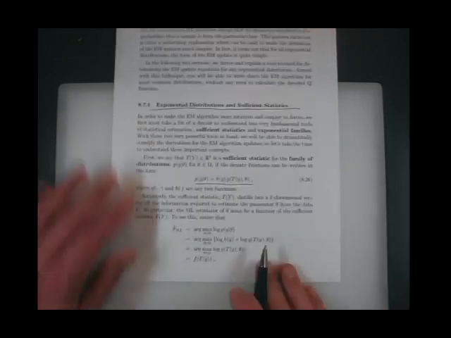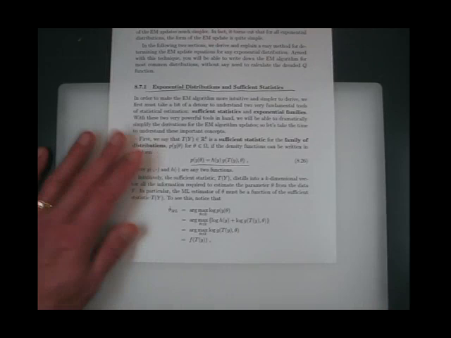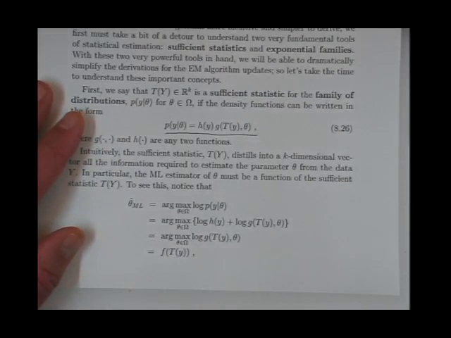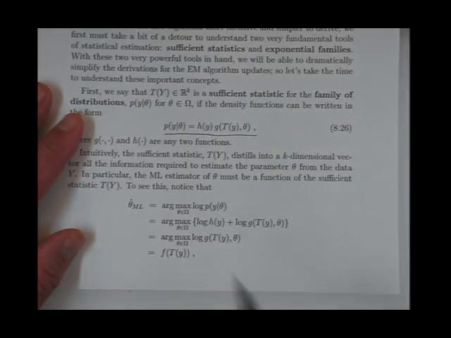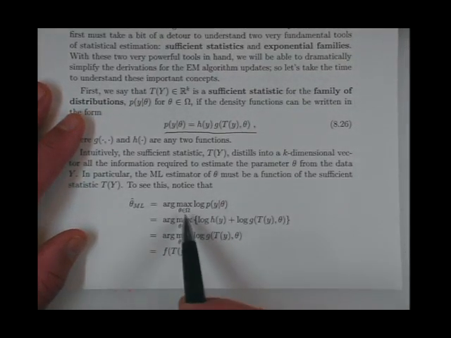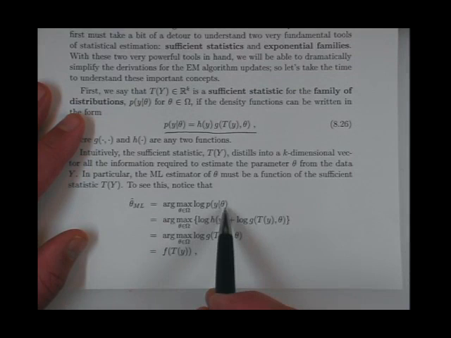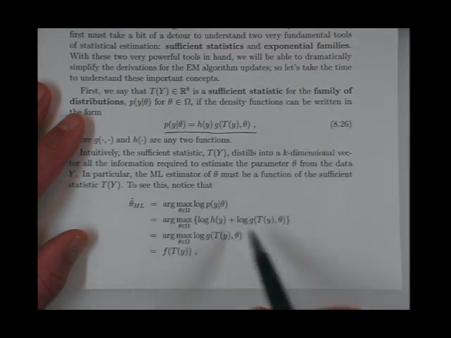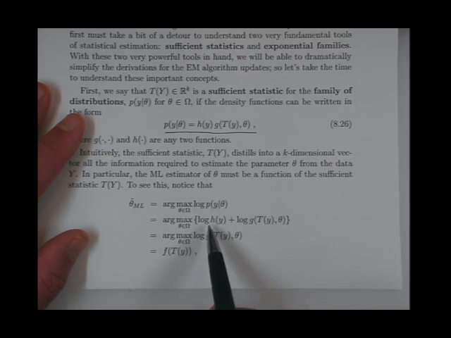Now, if you're calculating in particular the maximum likelihood estimate, so this is under equation 8.26, then what we need to do is maximize the log likelihood with respect to theta. So if we plug in the equation for 8.26 in there, then if we take the log, we get this expression.